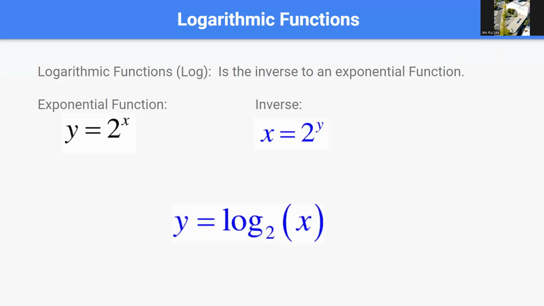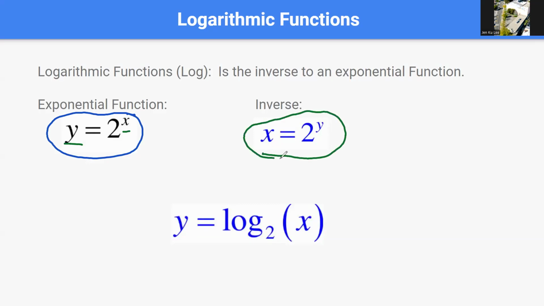All right, so a logarithmic function is the inverse to an exponential function. So if your exponential function is y equals 2 to the x power, then the inverse of it, remember how to get the inverse is we switch places of the x and the y. So the inverse is x equals 2 to the y power, right?